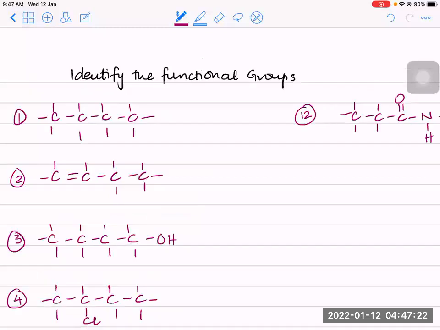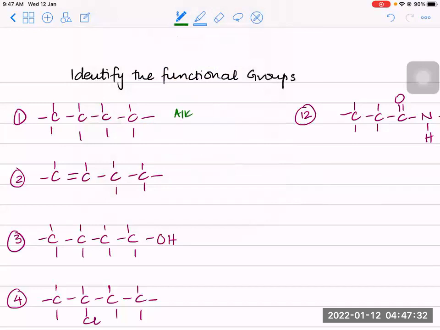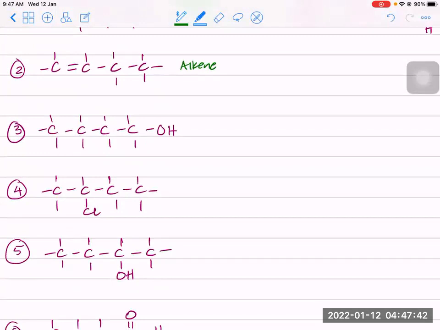So what functional group do we have for the first one? Now you see right here, we only have carbon-carbon single bonds. So this would be what? The alkane functional group. This has only alkanes. This has a carbon-carbon double bond. So this has alkenes. This has a carbon with an OH, an R group with an OH.